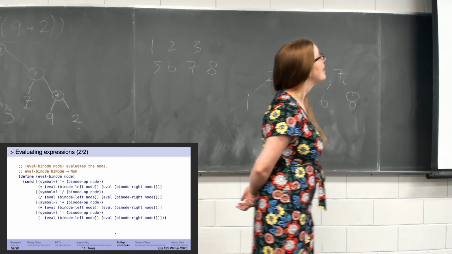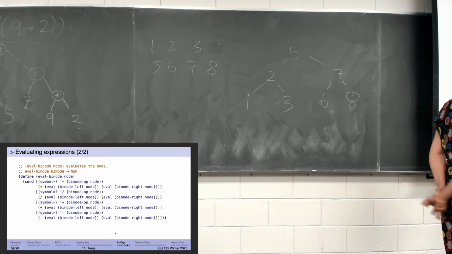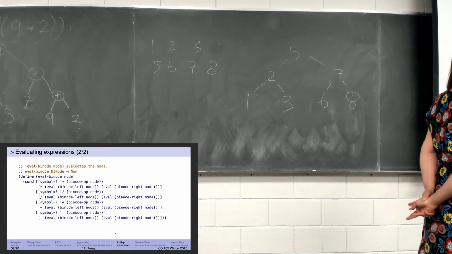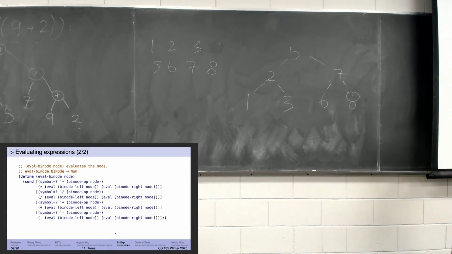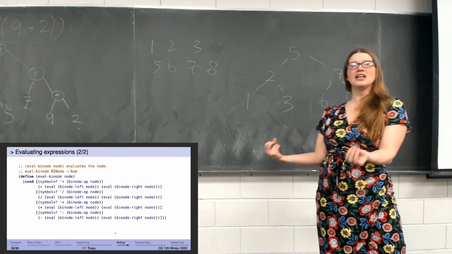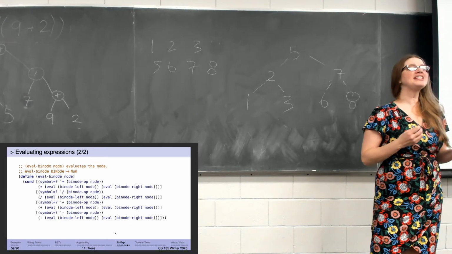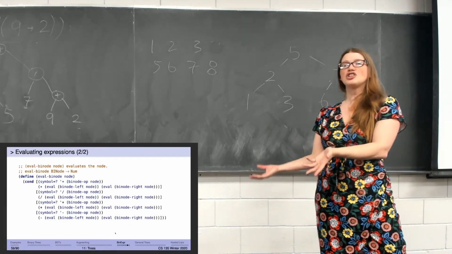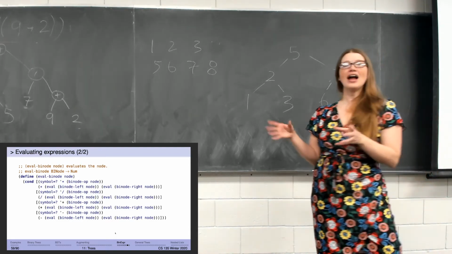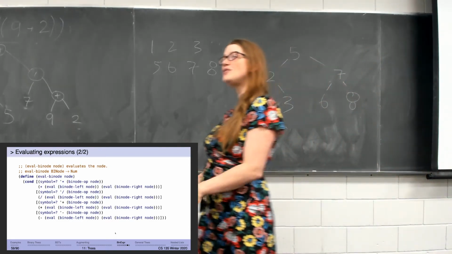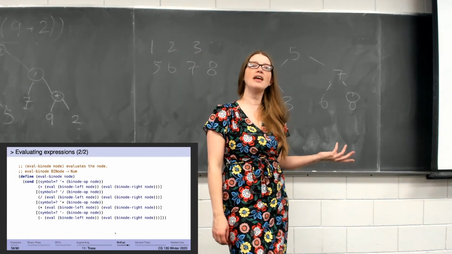And if that symbol is multiplied, we are going to multiply the result of evaluating the left subtree by the result of evaluating the right subtree. And if the operator is add, we are going to add the evaluation of the left subtree to the evaluation of the right subtree. And if it's divide, we're going to divide the left subtree's evaluation by the right subtree's evaluation.